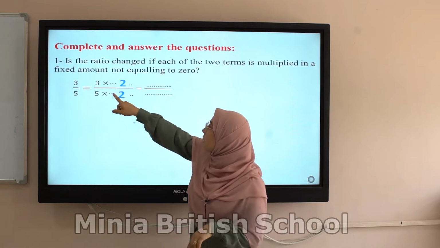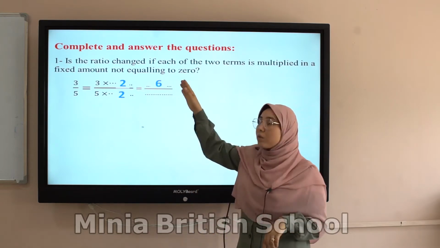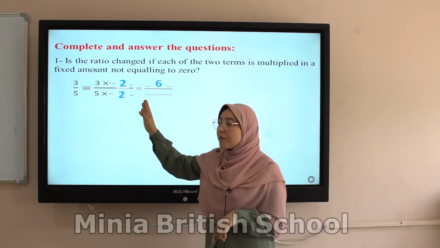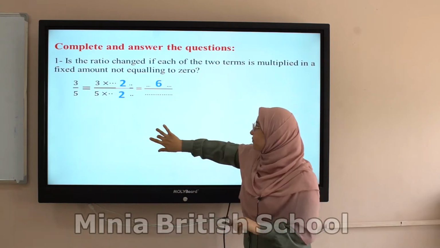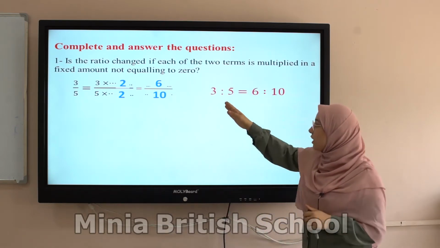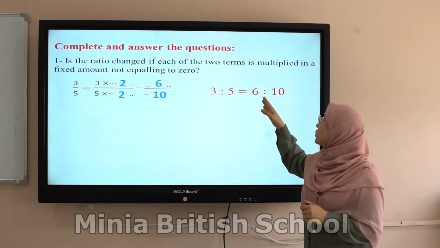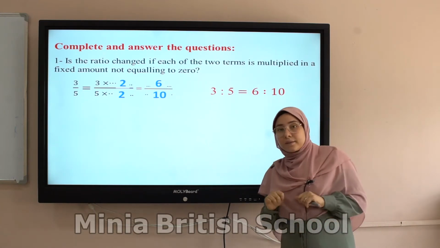So 3 times 2 equals 6, and 5 times 2 equals 10. Here we know something: the ratio 3 to 5 equals the ratio 6 to 10.